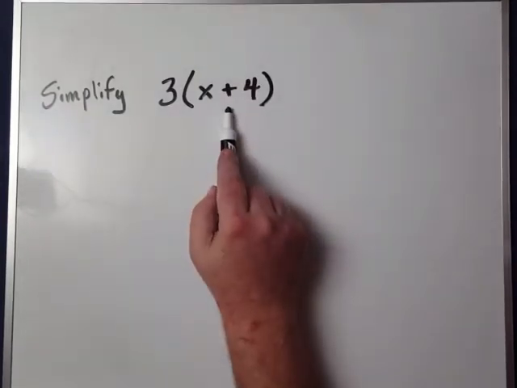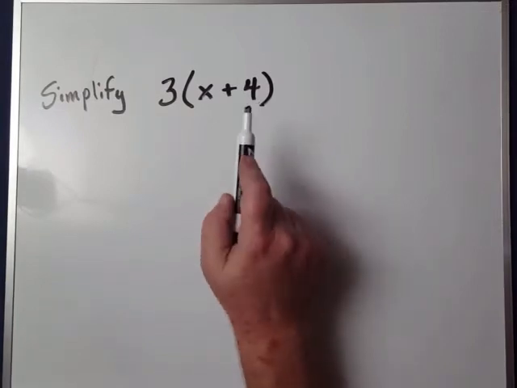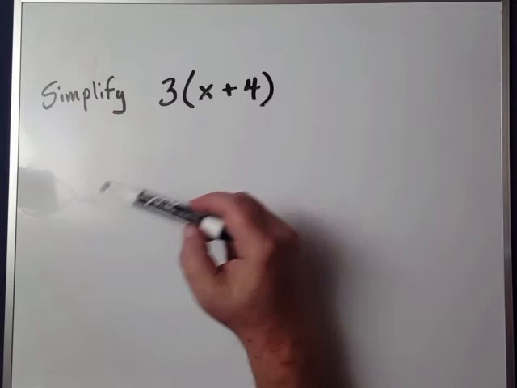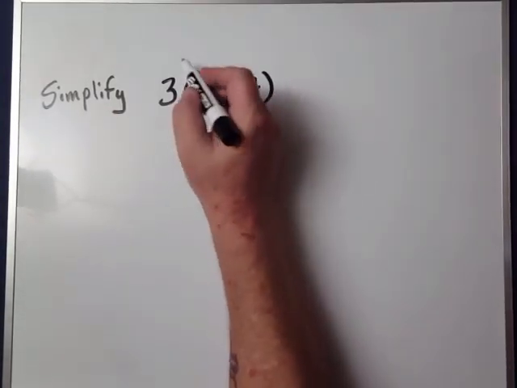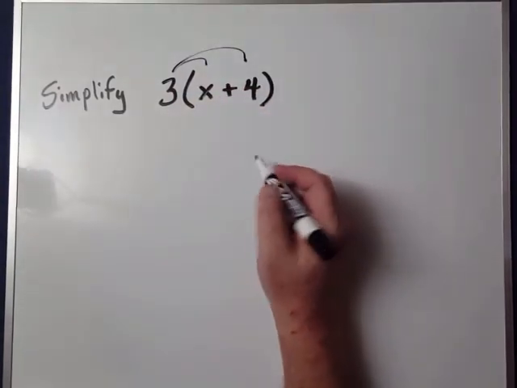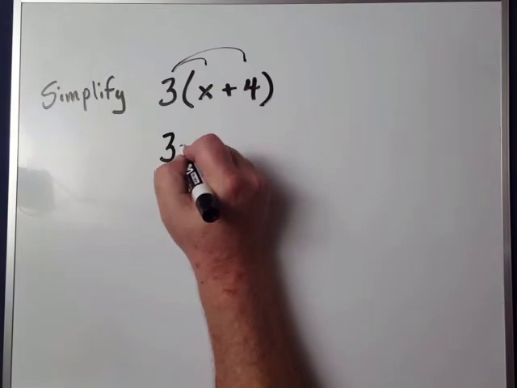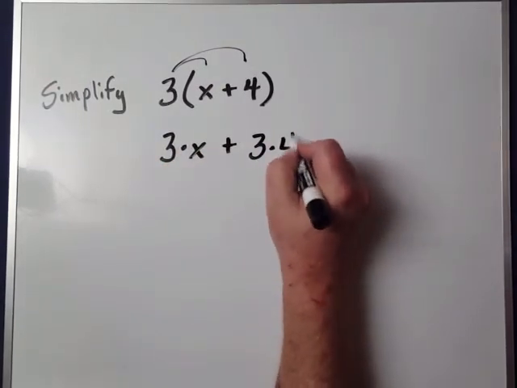I cannot do the addition in the parentheses first, like the order of operations says, but the distributive property allows me to skirt around that order of operations and lets me go ahead and multiply this 3 by bringing it in, distributing it to each of the 2 terms inside the parentheses.